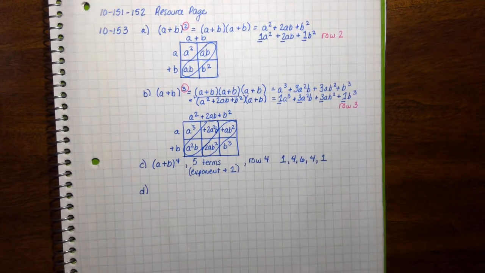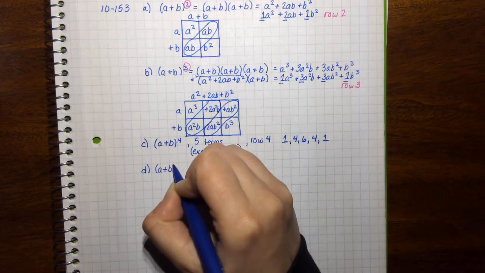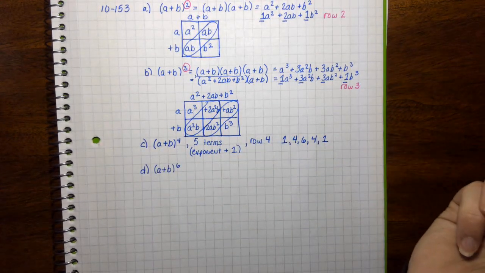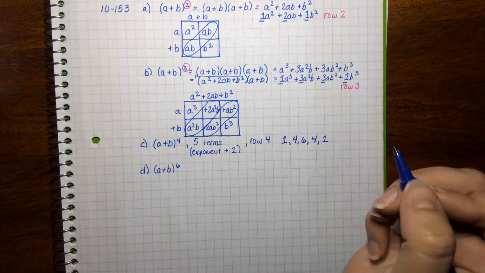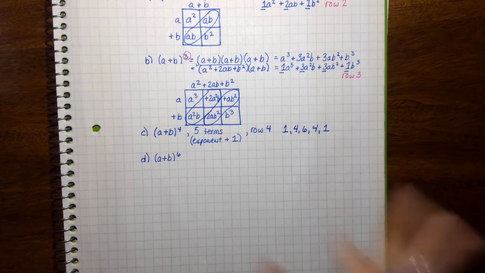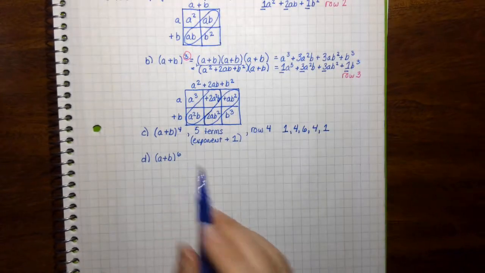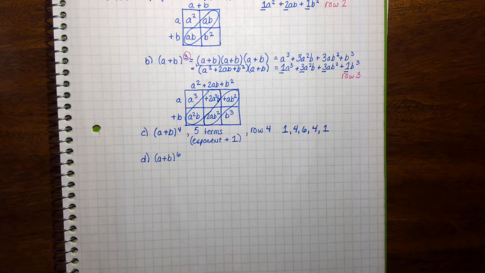Last problem, we're going to do a plus b to the 6th without using the box. So we're going to use Pascal's triangle. The 6th is telling me that I'm in the 6th row.